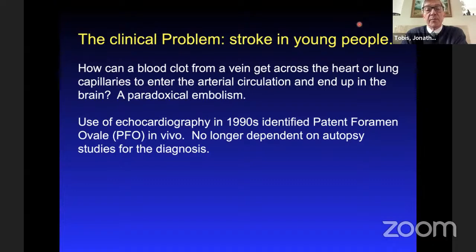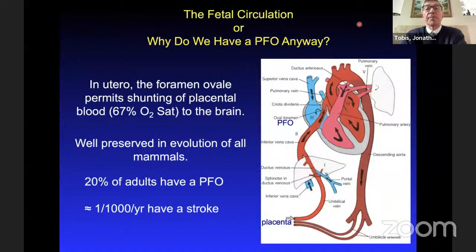It was really only in the 1990s, when we started doing echoes much more frequently and agitated saline bubble studies to look for right-to-left shunts, that we identified people with patent foramen ovale and that there was a higher frequency of this condition in multiple clinical scenarios, so that we were no longer dependent just on autopsy for making this diagnosis.